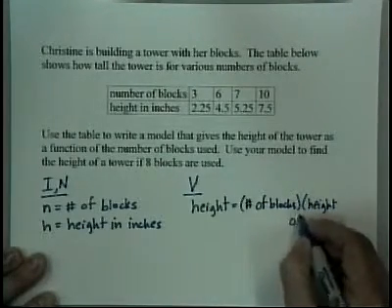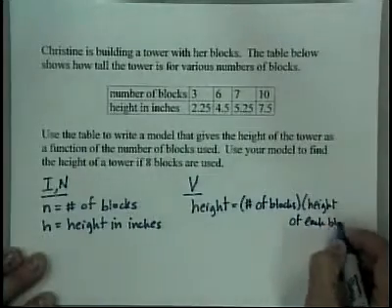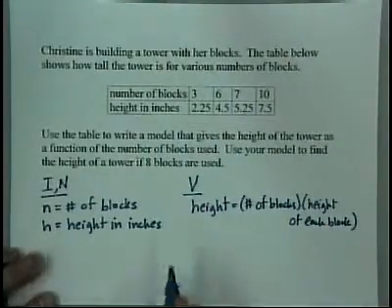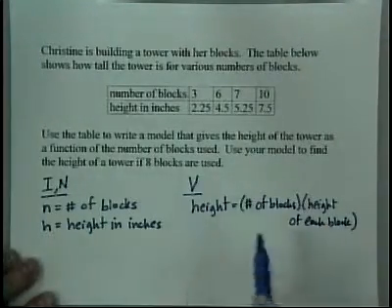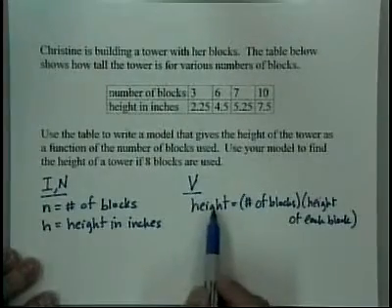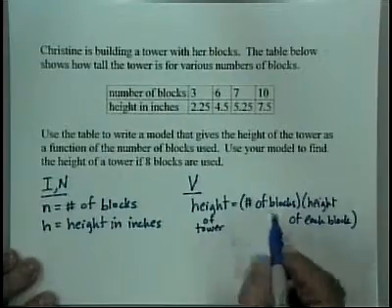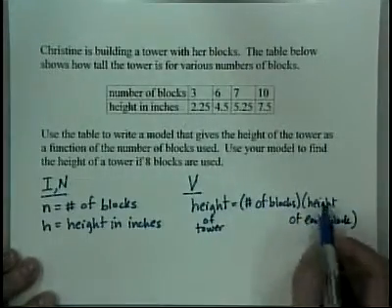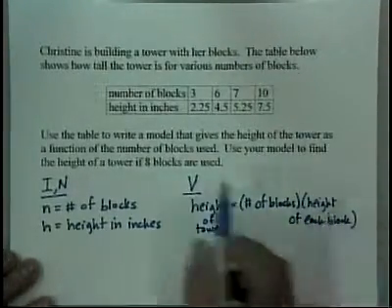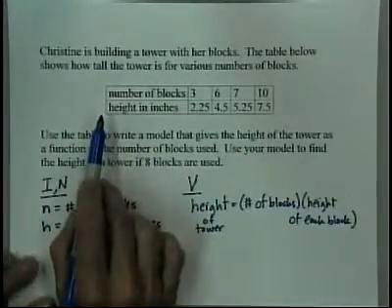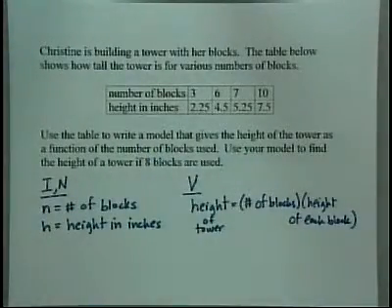And so there's a possible verbal model. The height of the tower is the number of blocks used times the height of each block. Now it's not really written that each block is the same height, but we'll make that assumption.